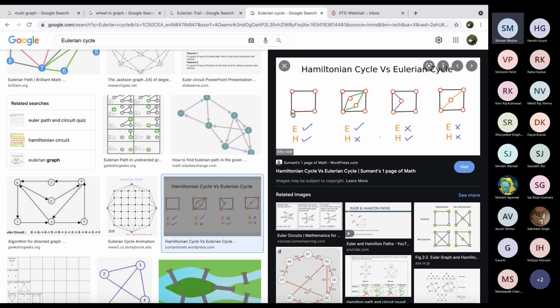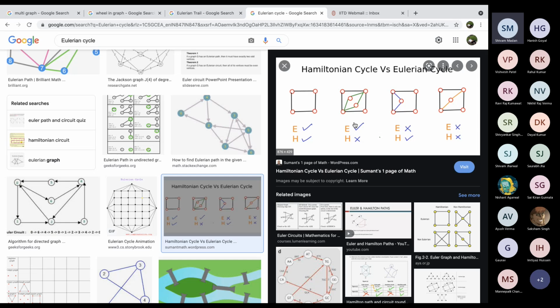Why? Because if you start from here, you can go to this, this and this. So that is also a Hamiltonian cycle, right? Because it contains every vertex, and also it contains every edge. So therefore it is also Eulerian, right? So this graph is Hamiltonian as well as Eulerian.